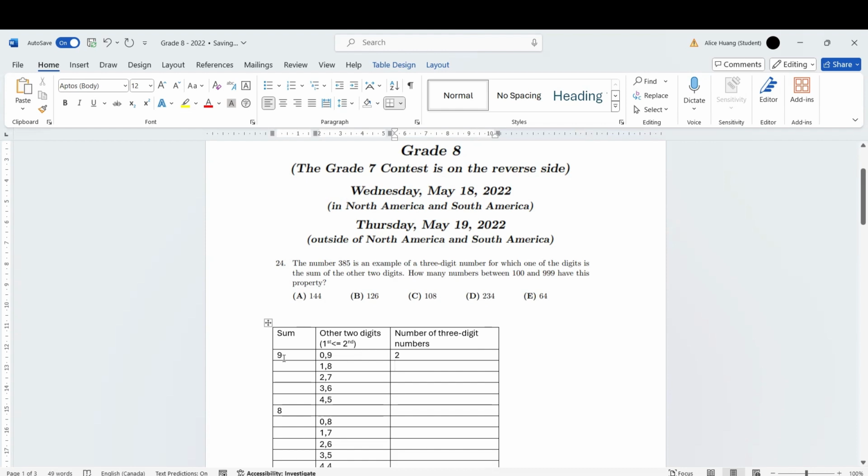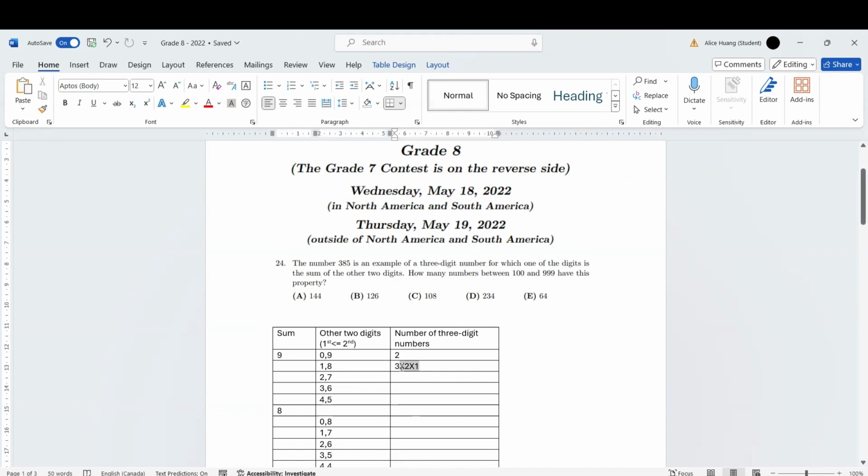So for this combination, we have only two three-digit numbers. Let's consider 918. For the first digit, we can choose 9 or 1 or 8. Then for the second one, we have two possibilities. For example, if we choose 9 first, the second digit we can only choose 1 or 8. So we have two options. And the last digit is the remaining digit, so we only have one.